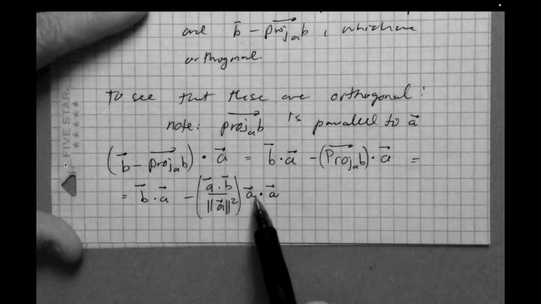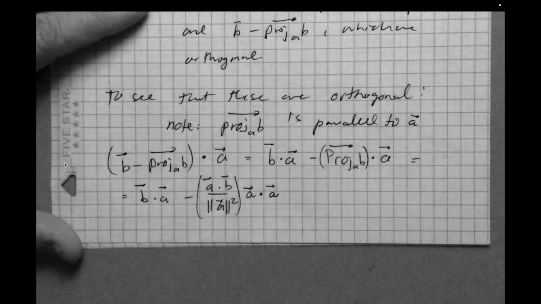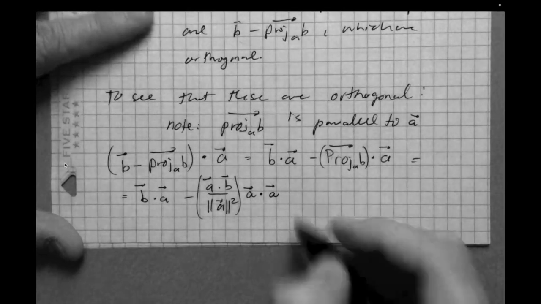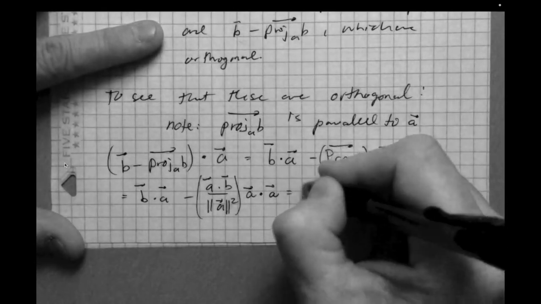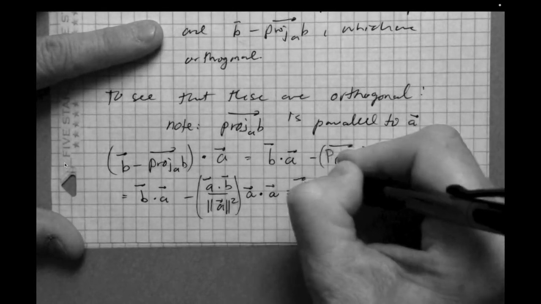That's the vector. Vector dot vector. Okay. And we know then that this is B dot A still over here.